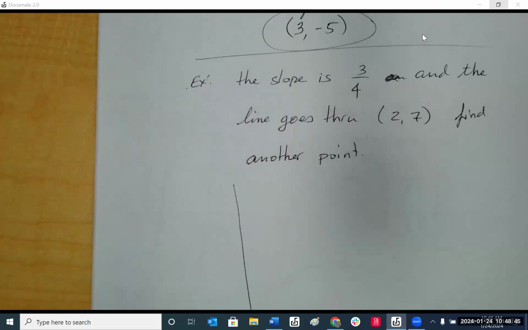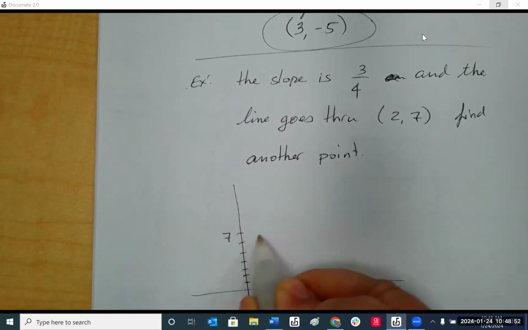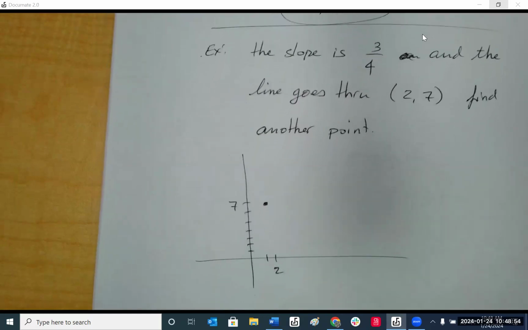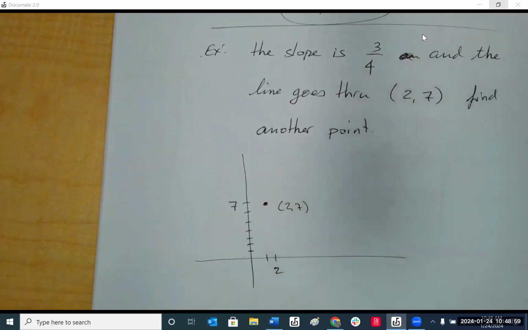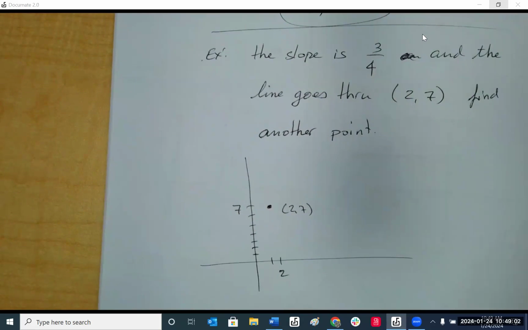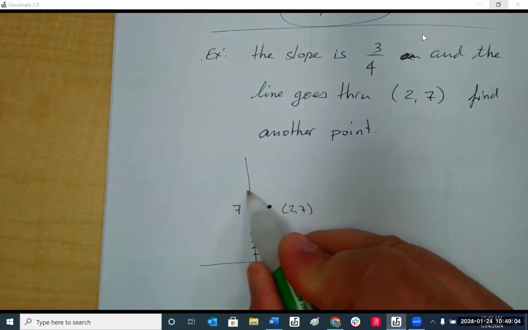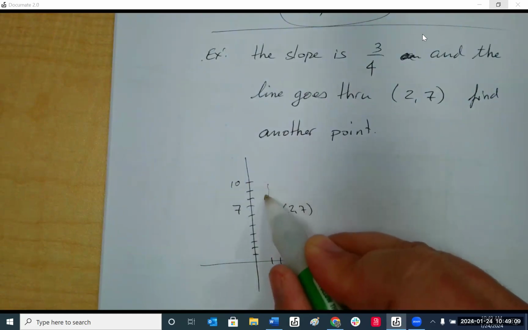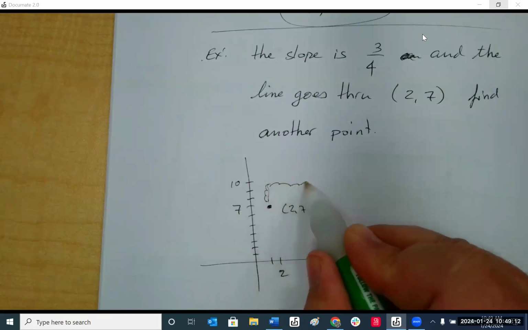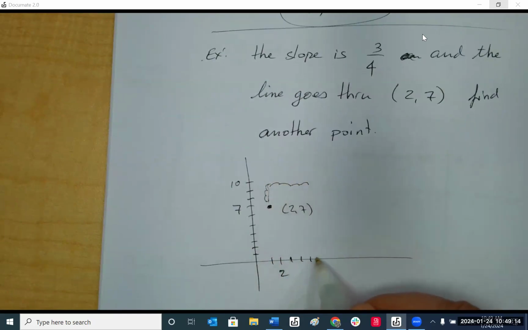If we drew the picture, we have a dot at 2, 7. The slope says do what? From this point, go up 3, so it's 10, and over 4. 1, 2, 3, 1, 2, 3, 4. So it's 6, 10.